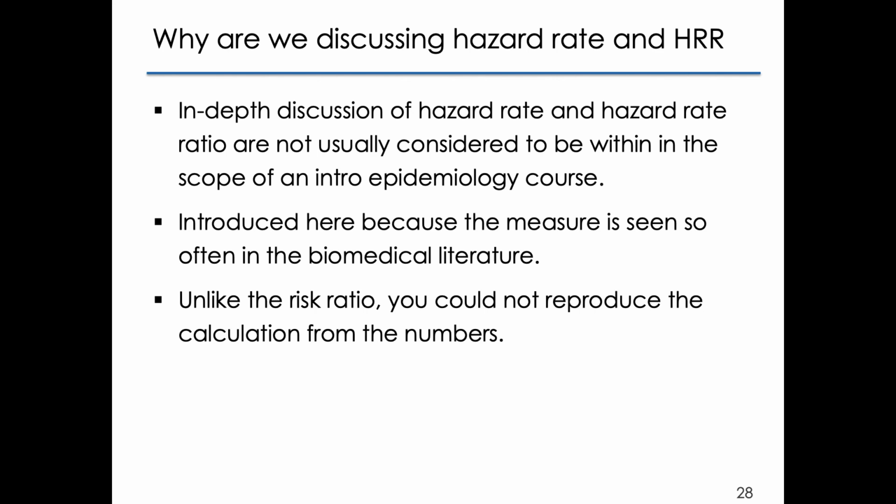The hazard rate ratio, you could not look at someone's tables and calculate and come out with their hazard rate ratio. It's got this time component, and it's sort of combining a lot of estimates over time. But anyway, the interpretation of the hazard rate ratio is like the incidence rate ratio. It's a ratio of incidence or hazard in one group compared to the other group.